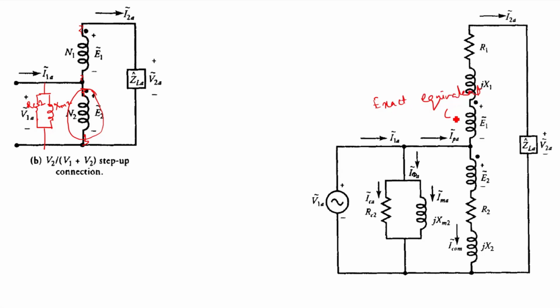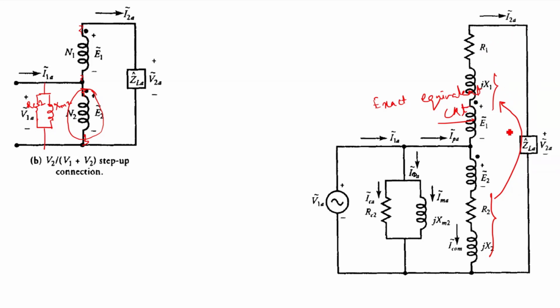Now if I want to represent this in the form of an approximate equivalent circuit, what do I need to do? This is your secondary circuit, and I want to refer it to the primary side. First I have to refer this R2 and X2 to this side. This side is the secondary side of the autotransformer.